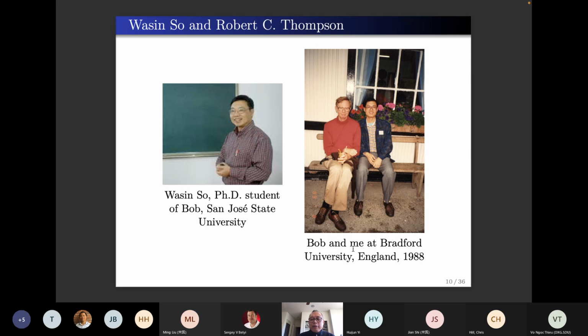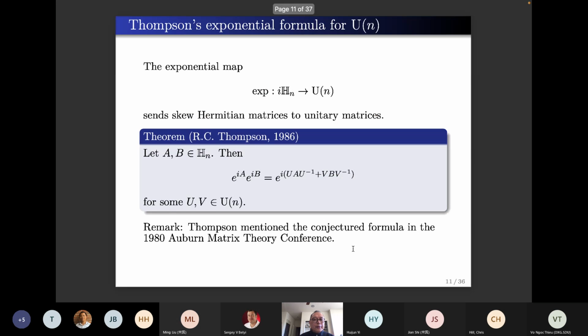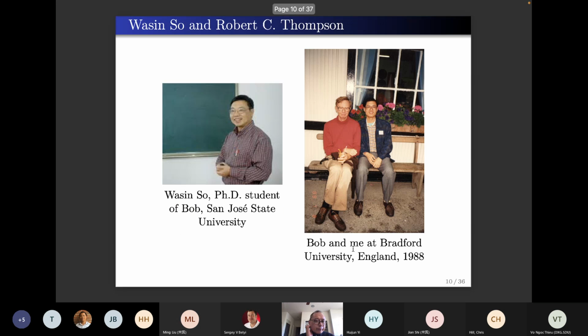And the second photo is Bob and me that we took at Bradford University in England back in 1988. Quite a while, more than 30 years. Oh, did I mention Wasson is a former student of Bob? I think I did.